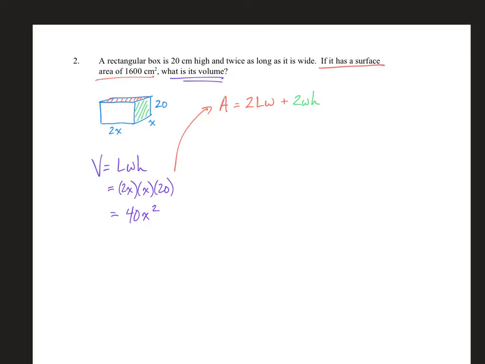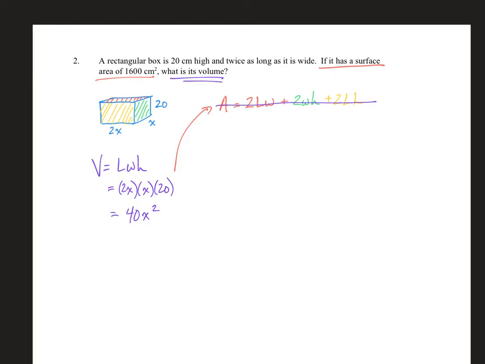Lastly, I would have the front and the back of the box. So I would have those gold rectangles. So I would have 2 of my length times my height. And there's your formula. Now, what you'll also notice if you examine that formula is you have every combination of length, width, and height included. Again, we would never have to see that. But if you like including that, feel free.